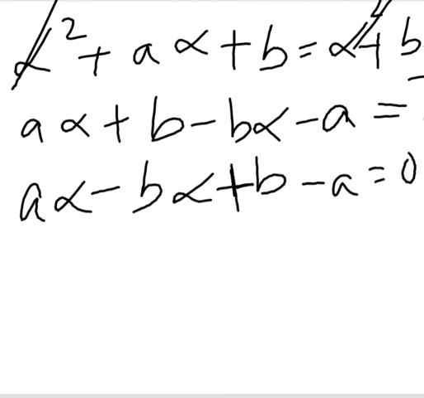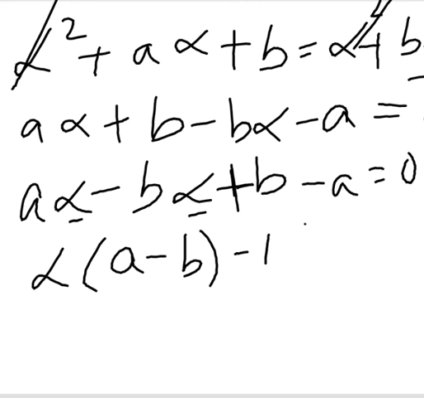Now see, something is common here. That's why we rearrange. Alpha is common, right? And here 1 is common for both. So just take alpha as common and a minus b. Here let's take 1 as common and a minus b. Signs get opposite when you take common.